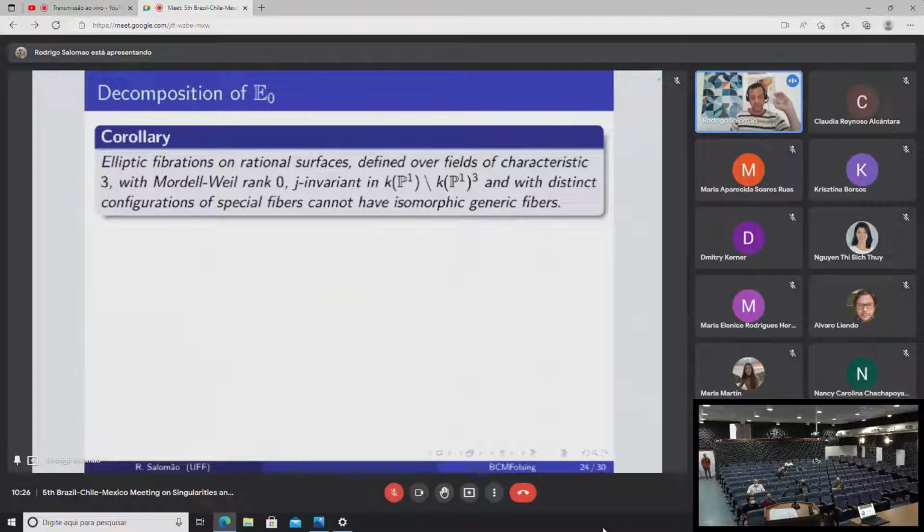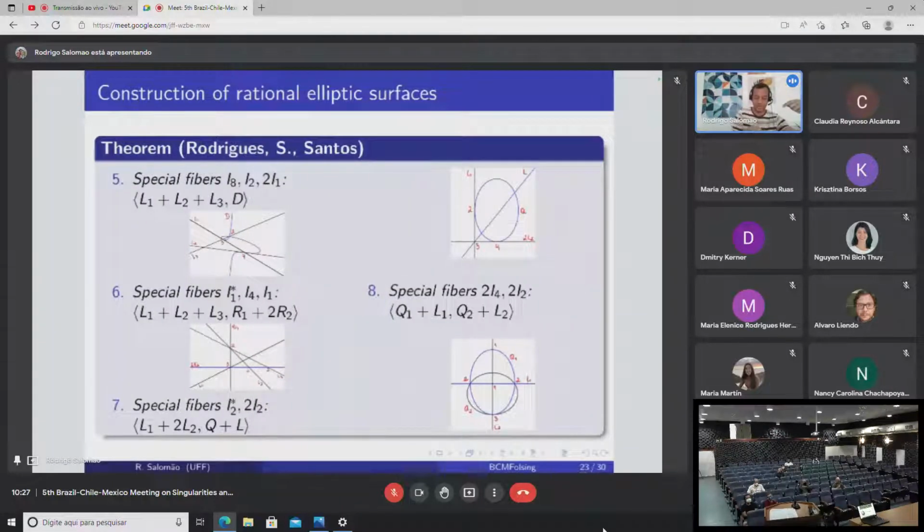Previously, I need to observe that we have a corollary which says that elliptic fibrations on rational surfaces defined over fields of characteristic 3 with Mordell rank 0 and J invariant not a cubic power, with distinct configurations of special fibers, cannot have isomorphic generic fibers. It is a consequence of this theorem here.